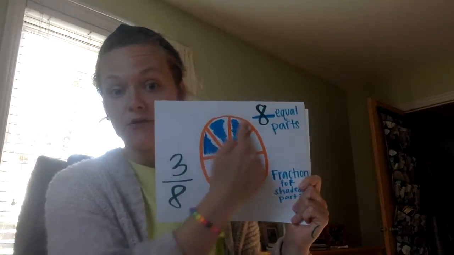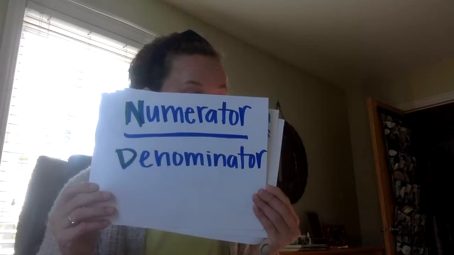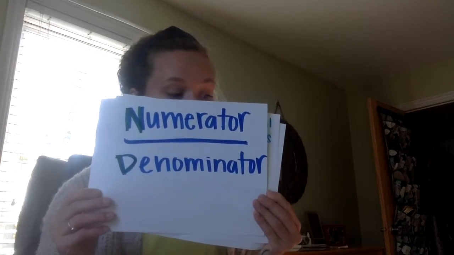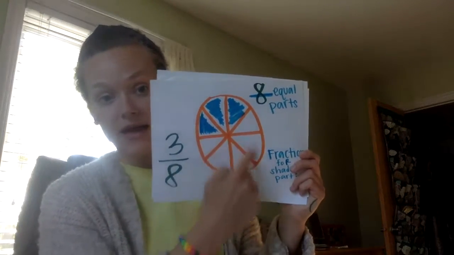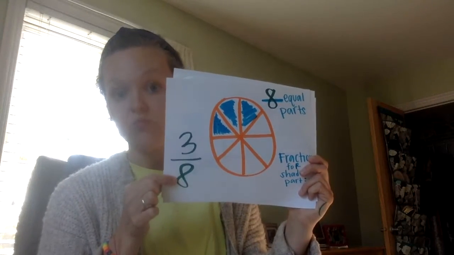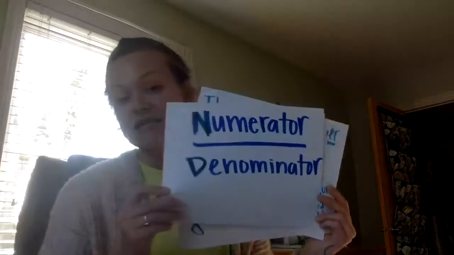That's my number for what I was counting. My bottom number is my denominator. It tells how many equal parts are in the whole or the group. So how many was in my whole? 8, right? There were 8 equal parts, and that would be my denominator.